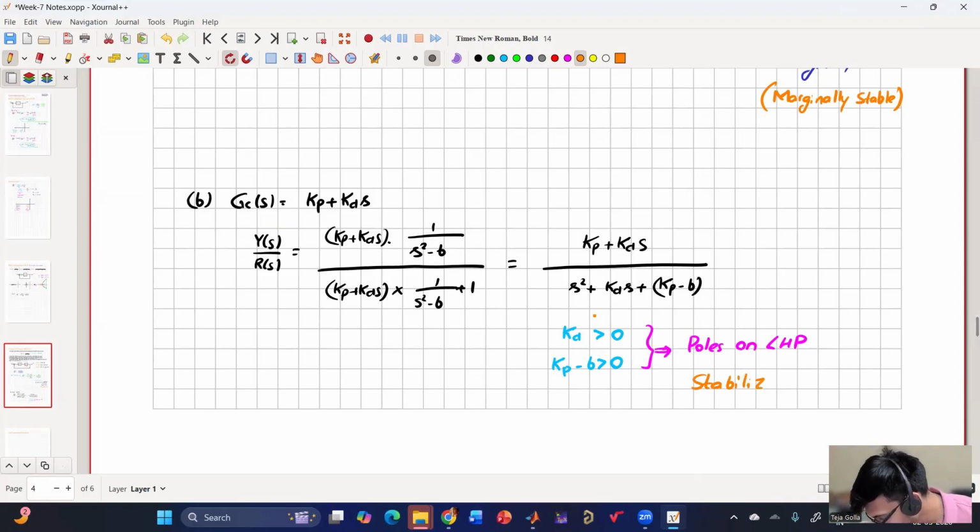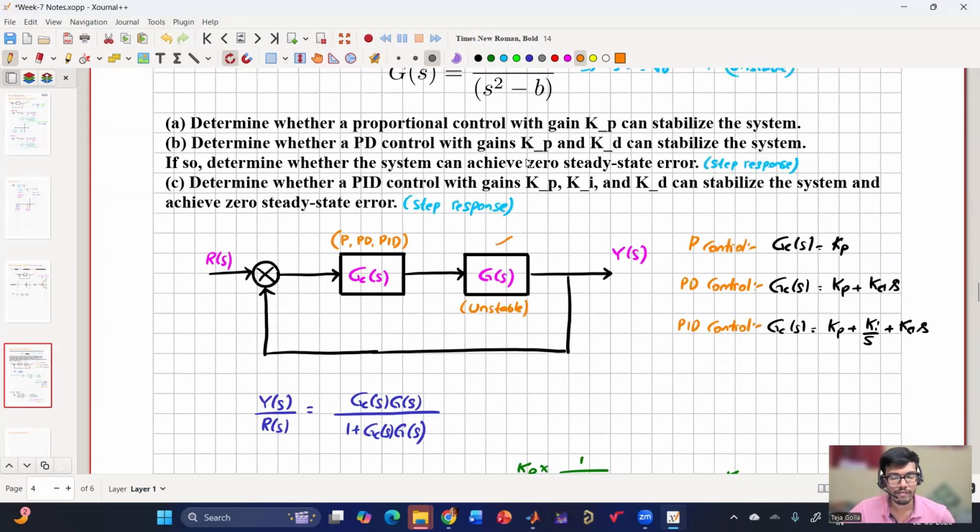If you use only a proportional control, the maximum you can do is to bring the poles on the imaginary axis. Whereas in this case, the poles can be brought to LHP and then the system can be stabilized for certain values of Kd and Kp. So for Kd greater than 0 as well as Kp minus b greater than 0, the system can be stabilized. So the answer for the first part of B, whether the PD control can stabilize the system, is yes.